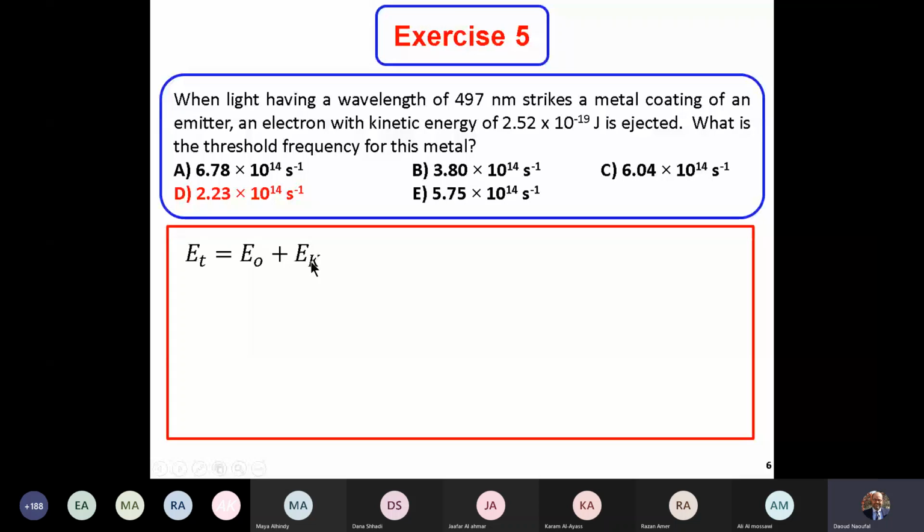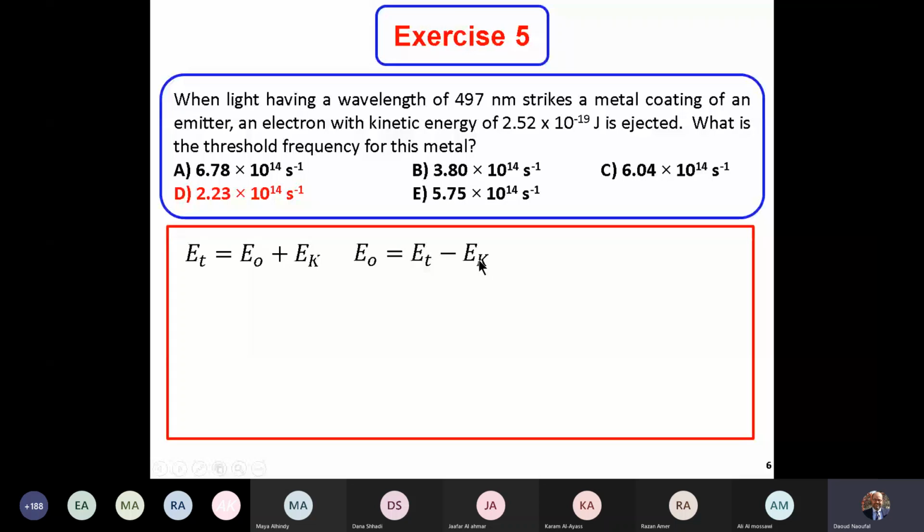So E0 equals E total of the radiation minus the kinetic energy of the electron ejected. E0 equals h nu0, and E initial of the radiation equals hc over lambda minus Ek. This is the relation that should be used.